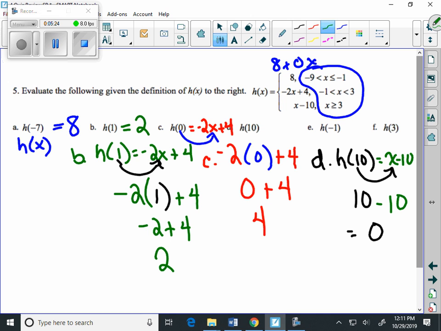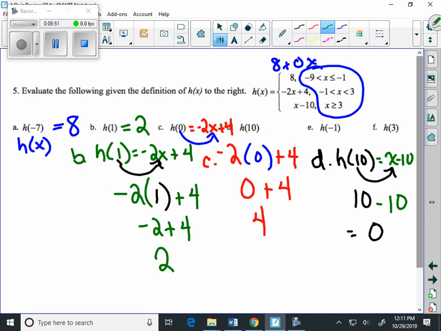And we need to look and decide which piece to use. On this one, is -1, are we going to use the less than or equal to, which is the first piece, or just the less than on the second piece? We need to use the less than or equal to on this particular one.